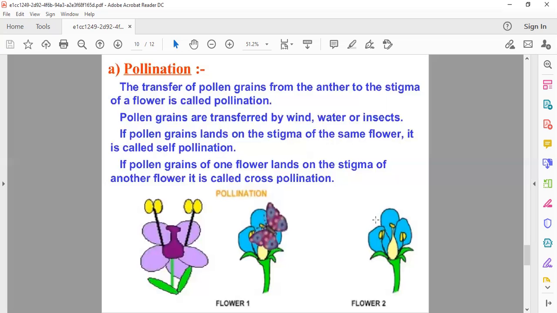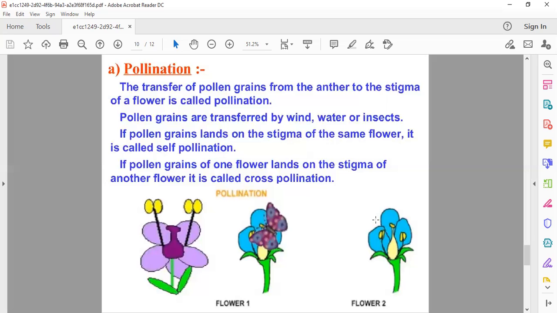So here one more question can be asked: why are flowers generally so colorful, and why do they have a fragrance also? Is it to attract insects? Children, what do you think? Yes, the answer is yes.